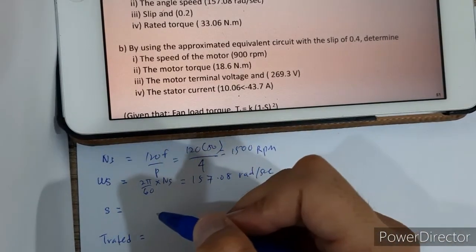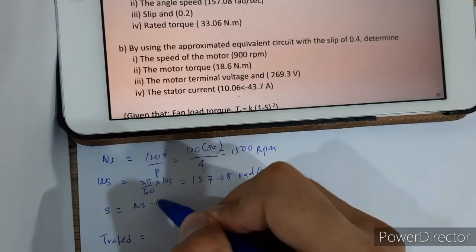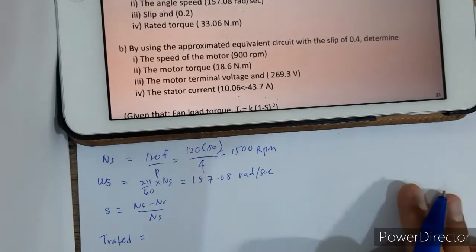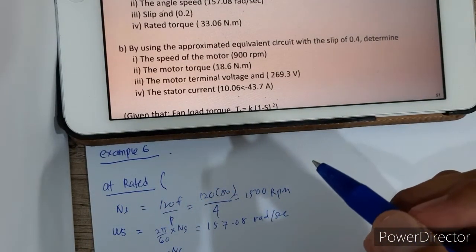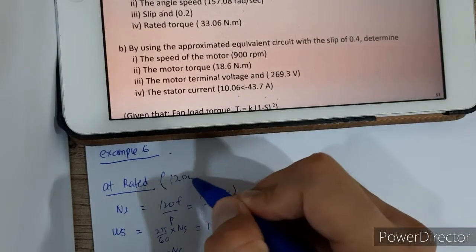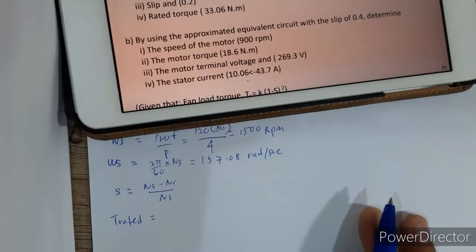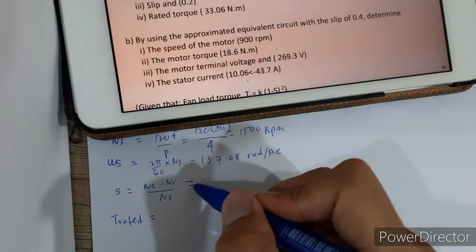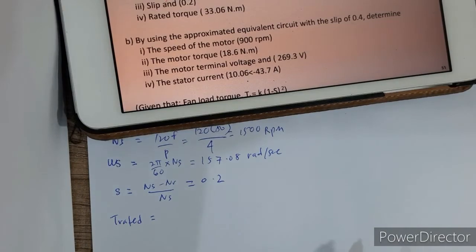And then S, we can determine S equals NS minus NR over NS. During rated speed, the given rated speed is 1200 RPM, as mentioned in the question. So you can determine S, which is 0.2.